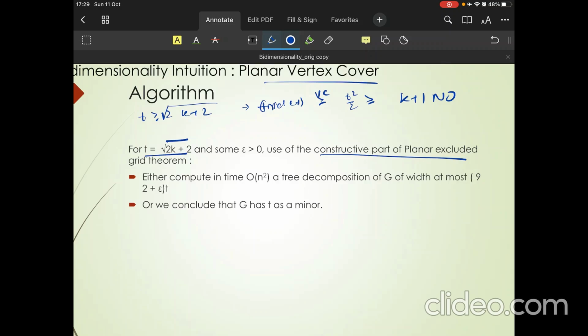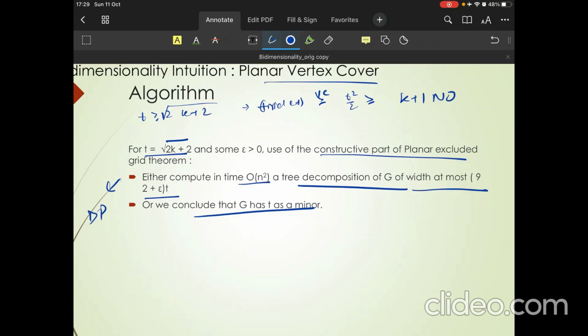So we can use the constructive part of the planar excluded grid theorem, which says that it will either construct a tree decomposition of width at most 9 by 2 plus epsilon T, or it can conclude that G has a T as a minor.